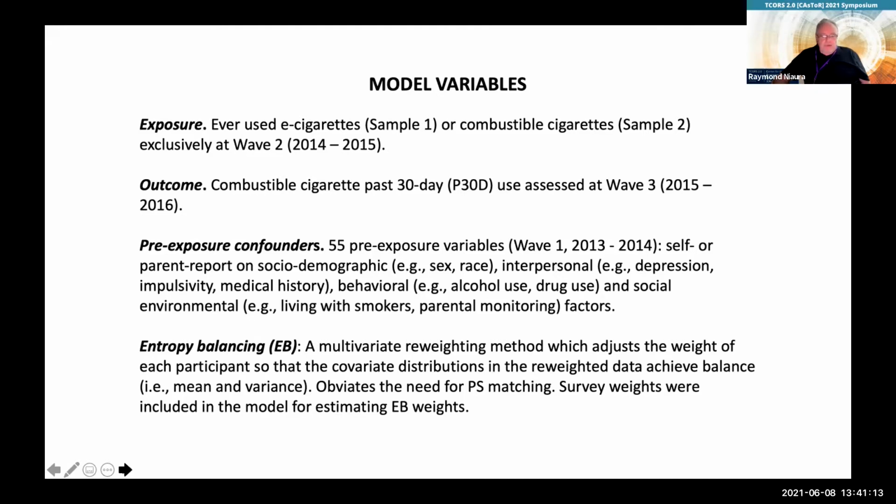Then we used an entropy balancing approach, which essentially is designed to reweight covariates across the exposure groups so that there's covariate balance. It does what conventional propensity score matching does, but it does it in a pre-processing step, so you don't actually have to do matching.